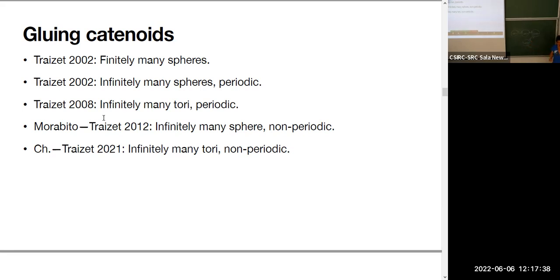So I have a sequence of T1, T2. And last time I said that T_{k-1} minus T_k should be critical points of the toric Green function.